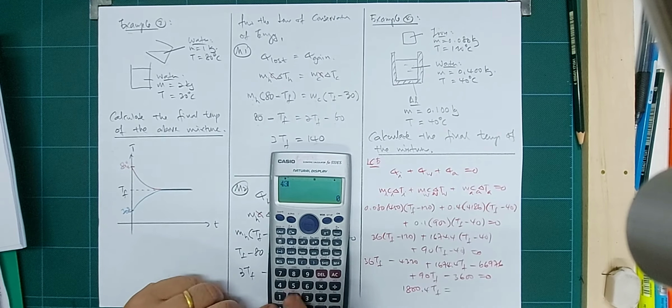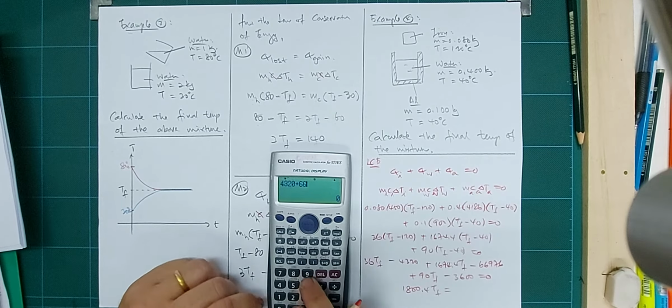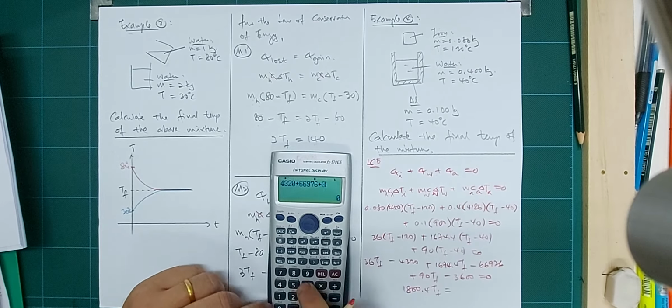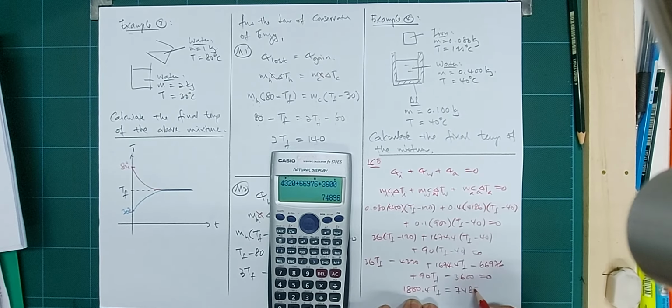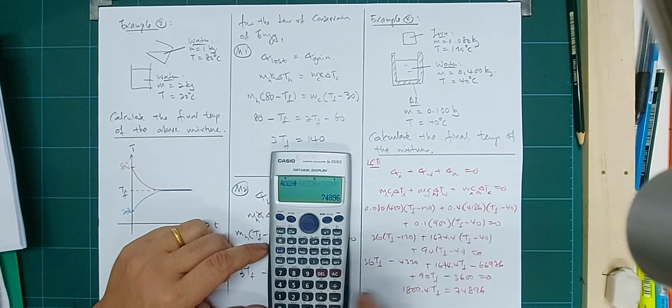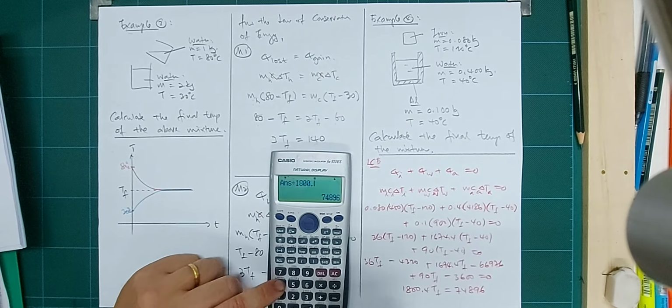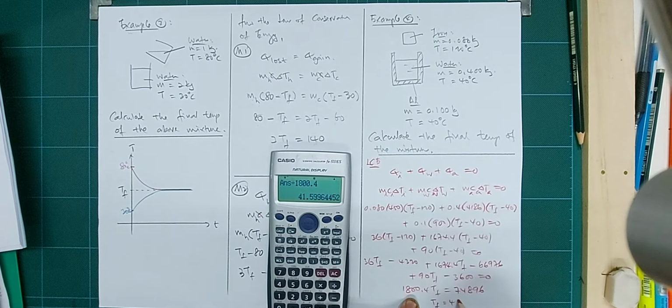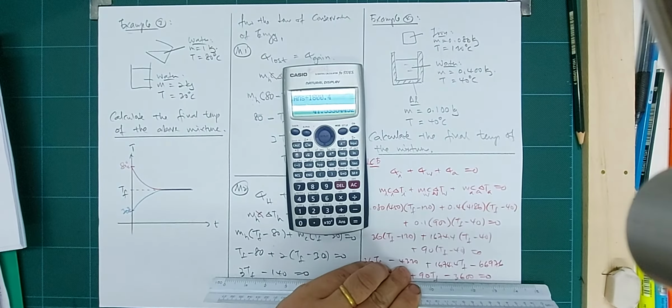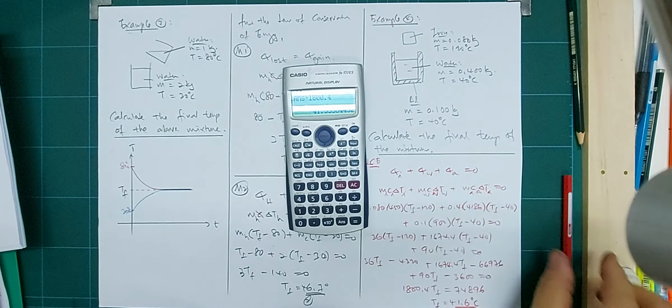We have 4320 plus 66976 plus 3600. So we have 74896. We use this one, divide by 1800.4. We have a final temperature of 41.6 degrees Celsius.